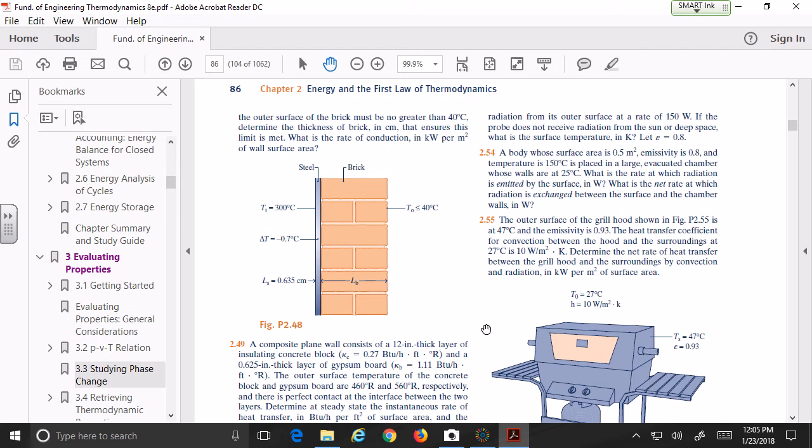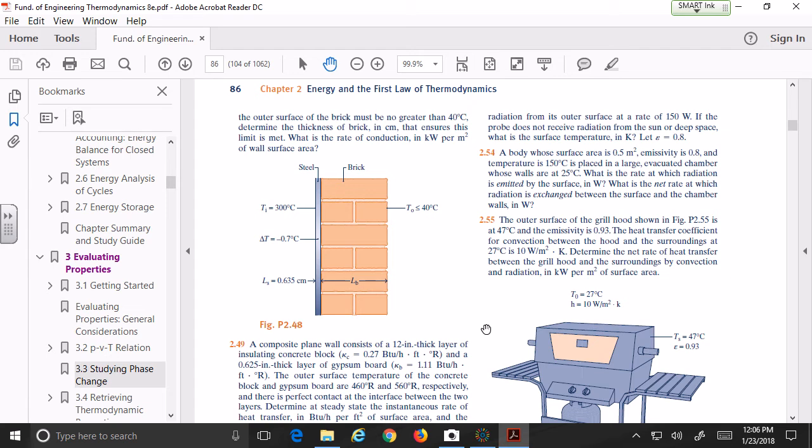A body whose surface is half a square meter, emissivity 0.8, and temperature, I'm going to call it T surface, equal to 150 degrees Celsius, is placed in a large evacuated chamber whose walls are at 25 degrees Celsius.